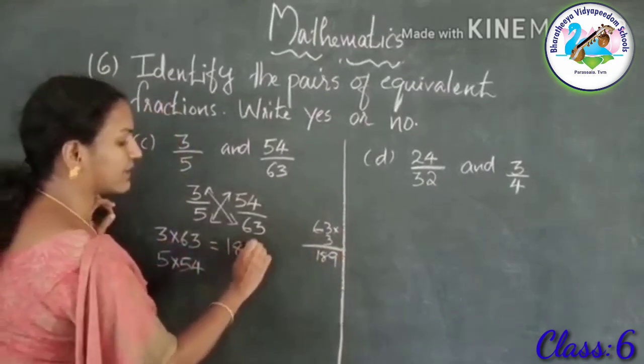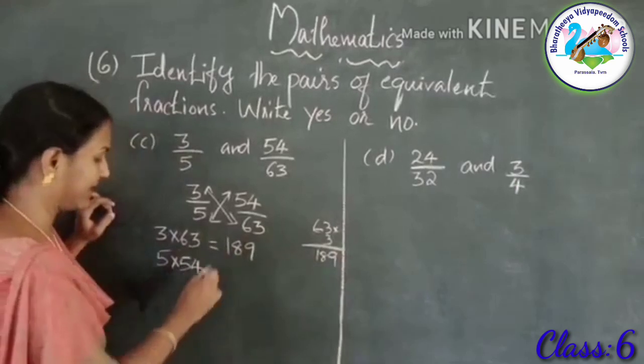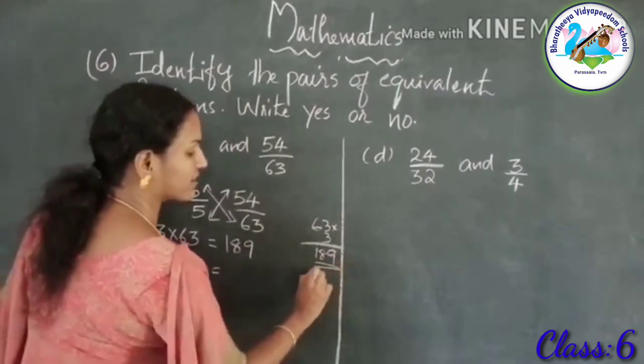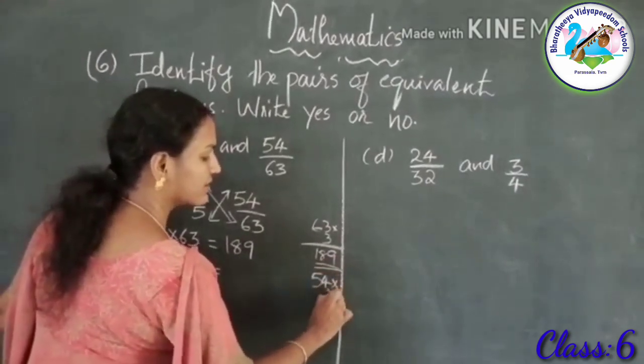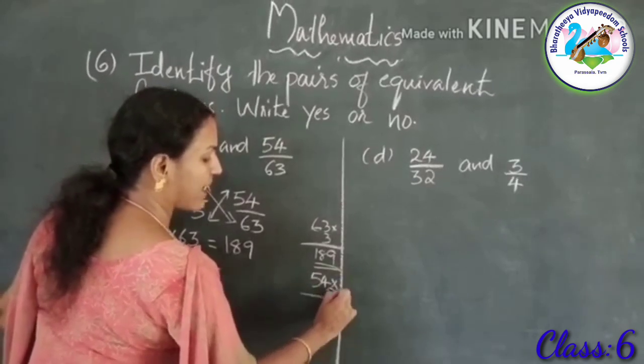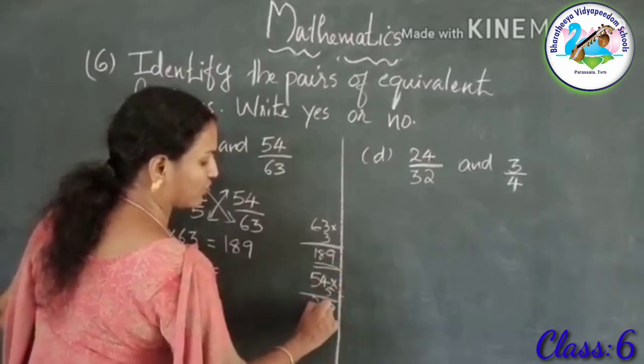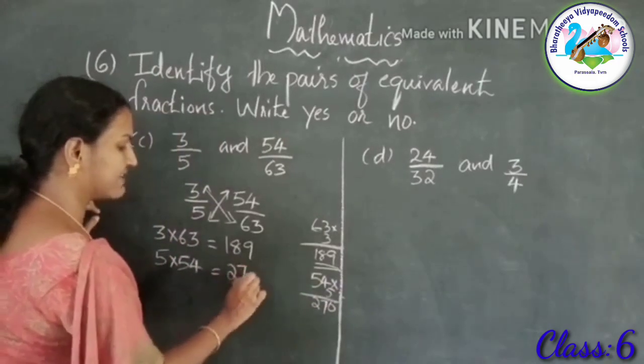So 189. Then 5 into 54, 20 balance 2, 25 plus 2, 27, so 270.